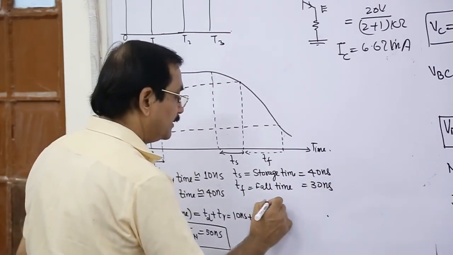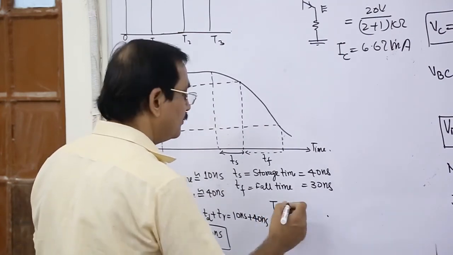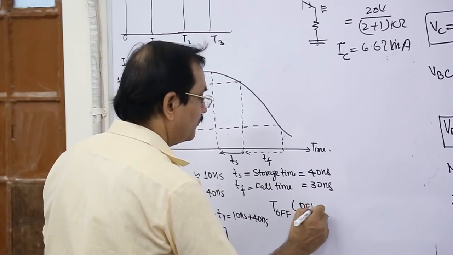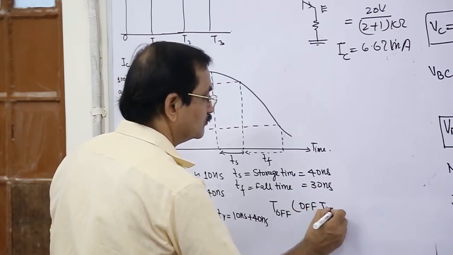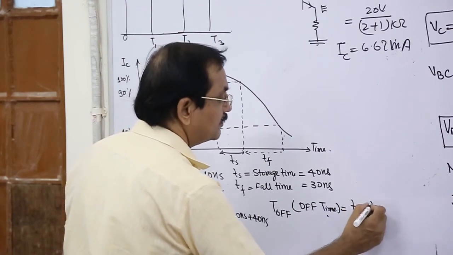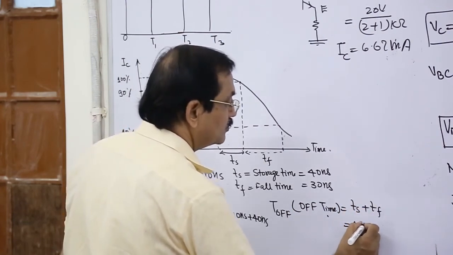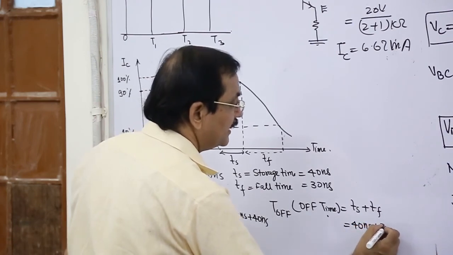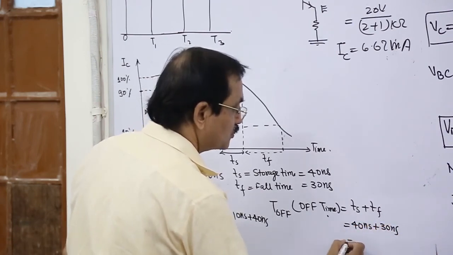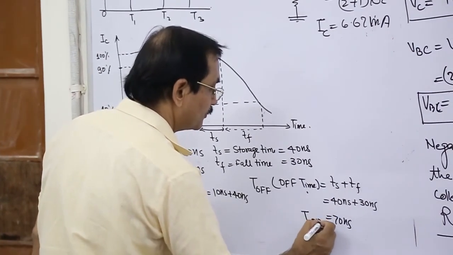So, T off, the off time, is T storage plus T fall, 40 nanosecond plus 30 nanosecond, so this is 70 nanosecond, T off.